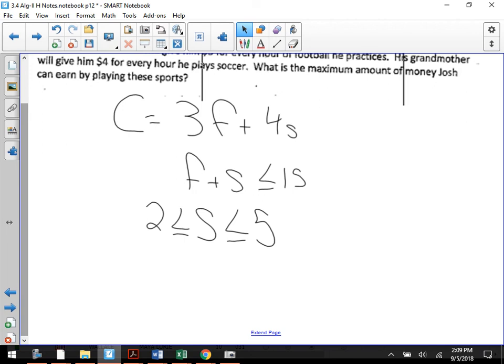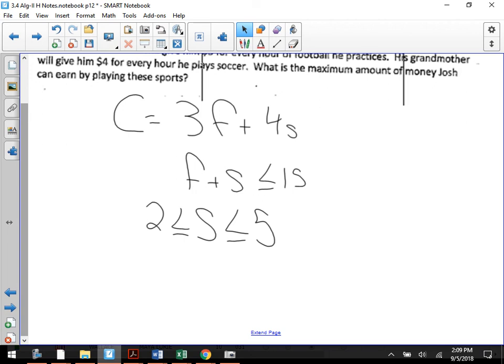And then lastly, I think there was one more, wasn't there? He wants to give at least as much or more time to football than soccer. Is it less than or greater than or equal? So X is football? Okay. So you're saying football is less than or equal to soccer?